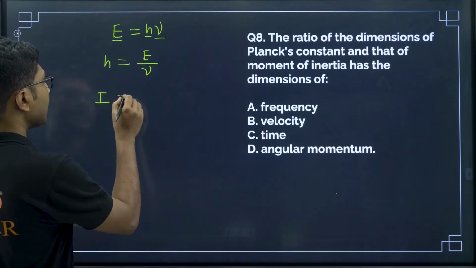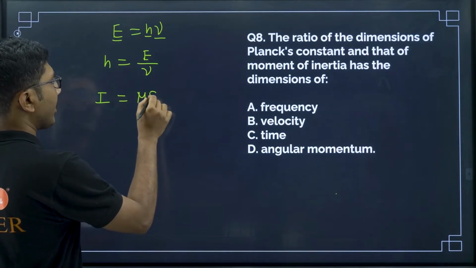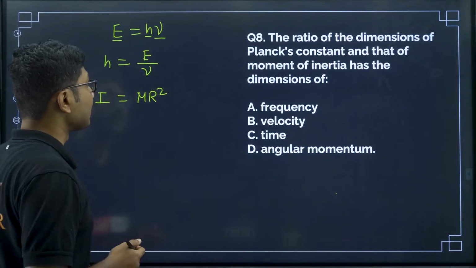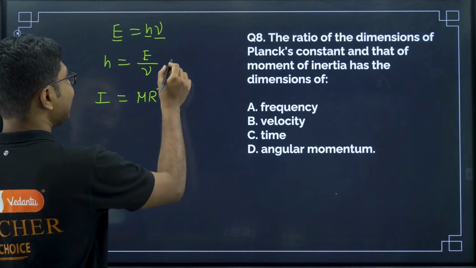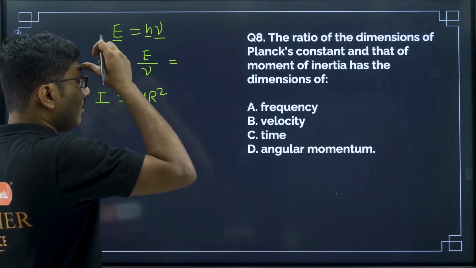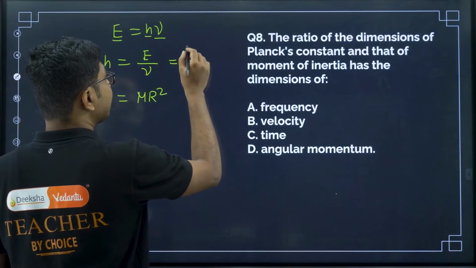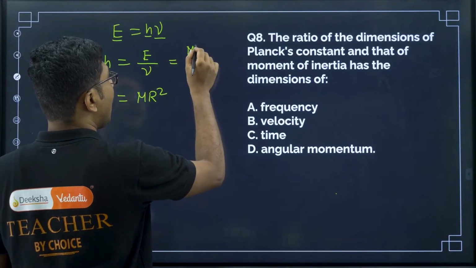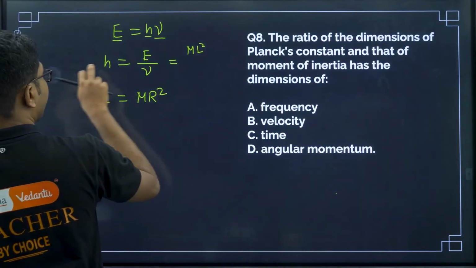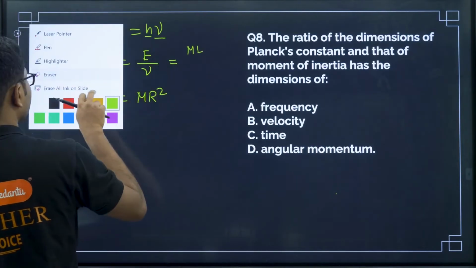So moment of inertia equals to mr square. We already know that for a normal rigid body it is mr square. Now what is E? As I said, E is force times displacement. So its dimension is M L square T to the power minus 2, right?